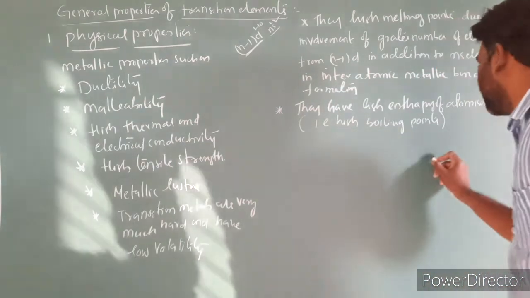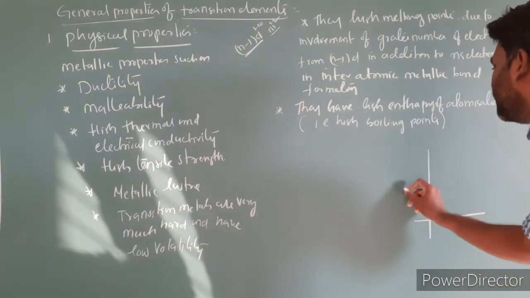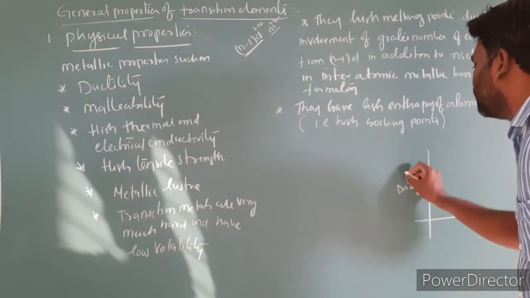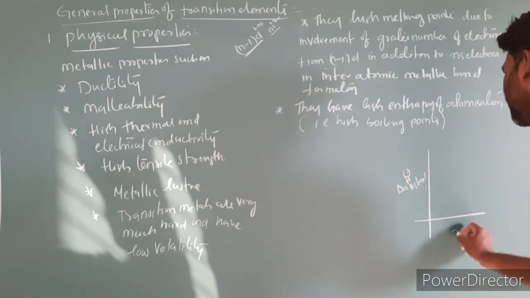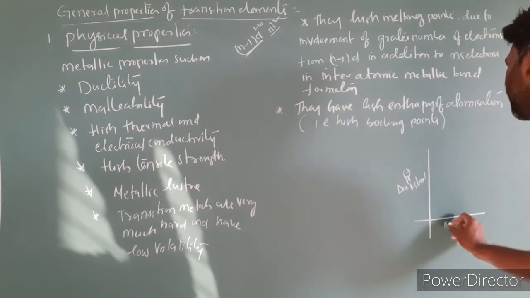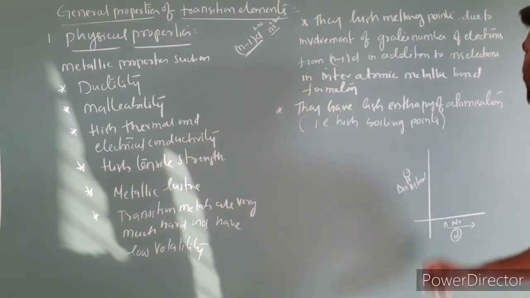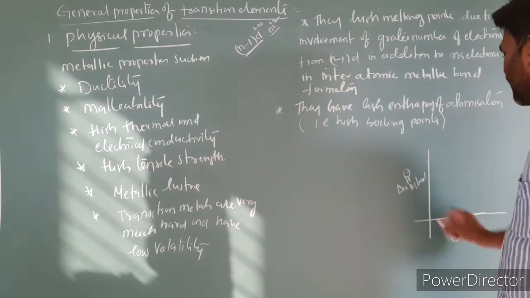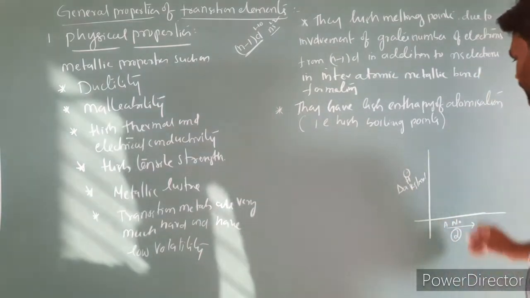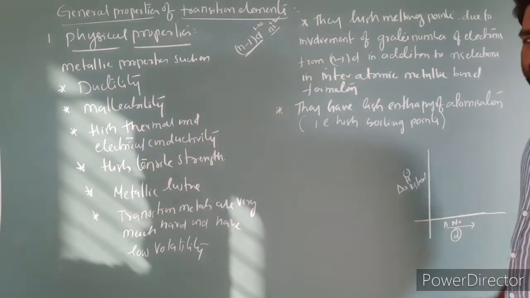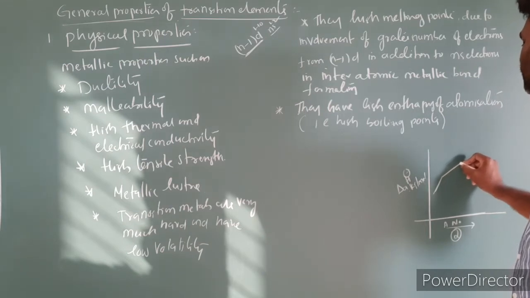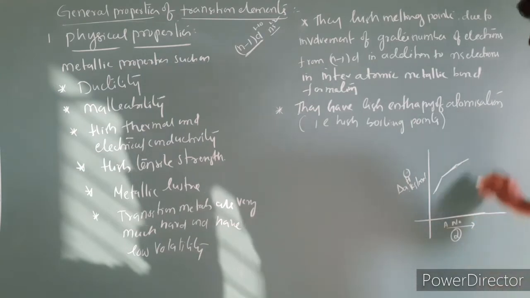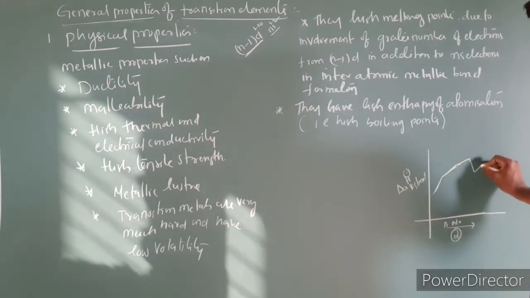Let us take an example: enthalpy of atomization in kilojoules per mole against increasing atomic number Z. The enthalpy of atomization increases, reaches a maximum, and after reaching the maximum, it decreases.